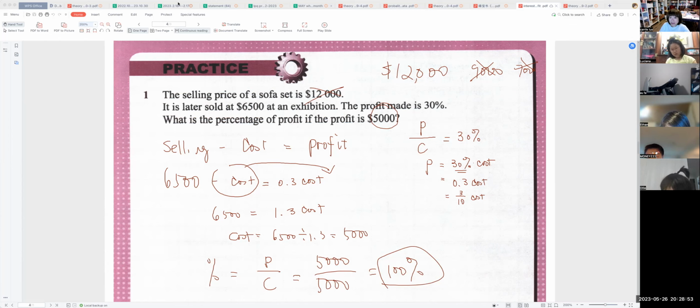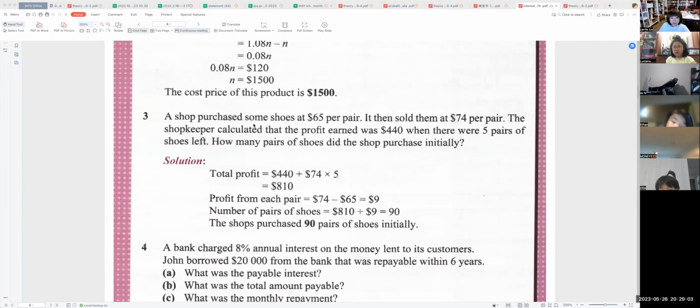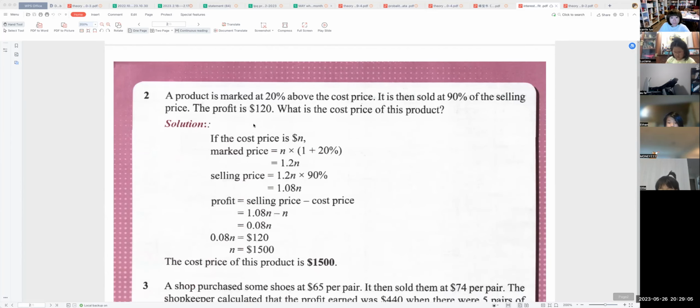Okay, so this is how we see everything is like that. Okay, so step by step. Understood, everybody? Okay, so now we're moving back to the question number 2, okay?